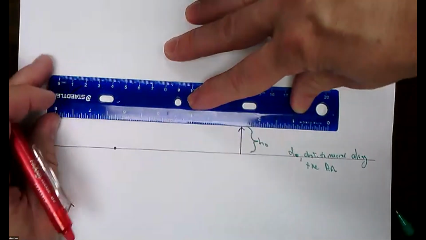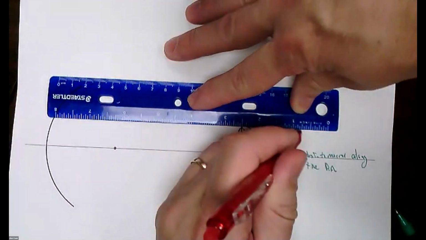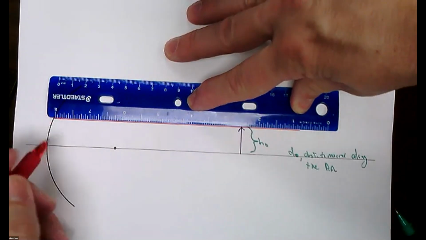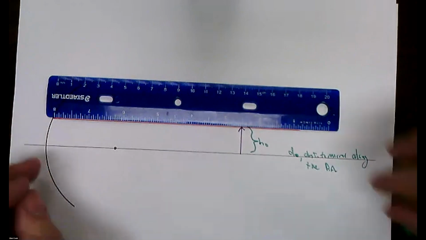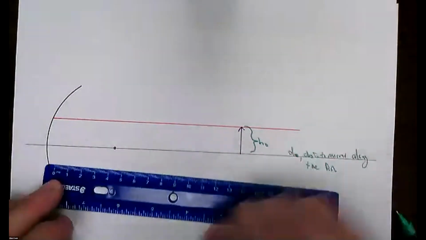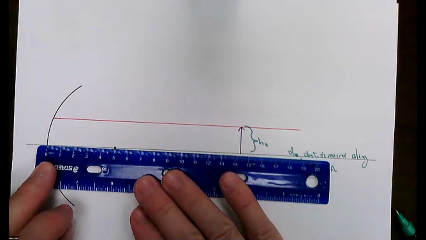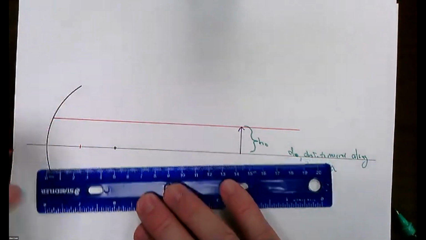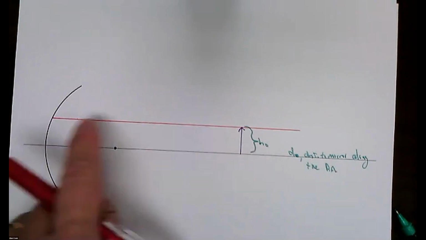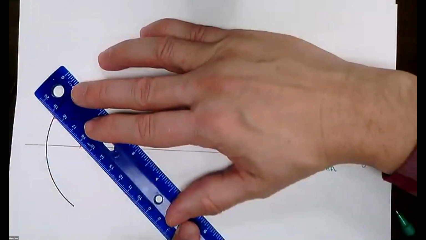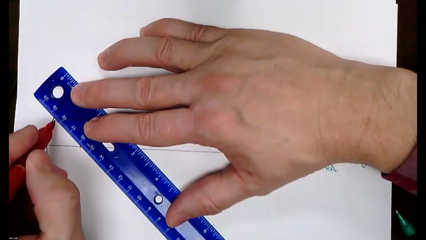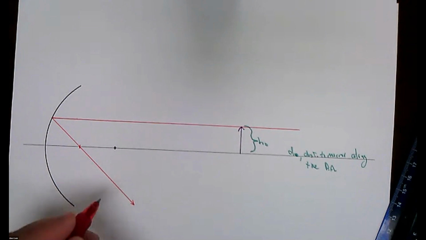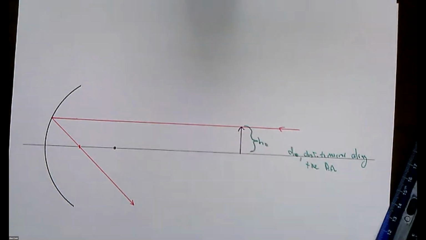So light ray 1 goes in parallel to the principal axis, and it reflects out through, oh, I didn't find F. It reflects out through F, so I've got to get F here. Sorry, I didn't mark it. That's F. Line 1 in parallel to the principal axis, out through F. So I just draw it like that. It goes in, that's line 1.